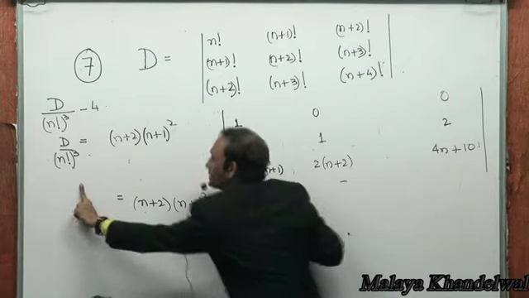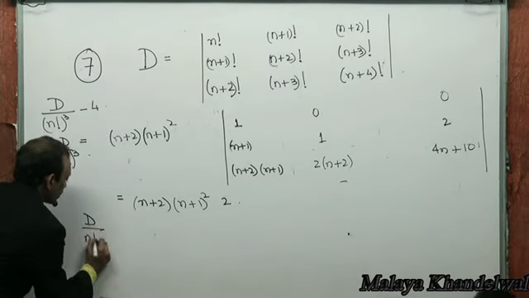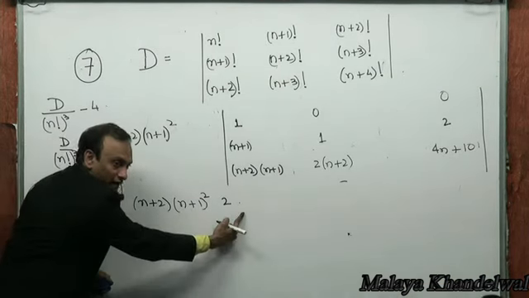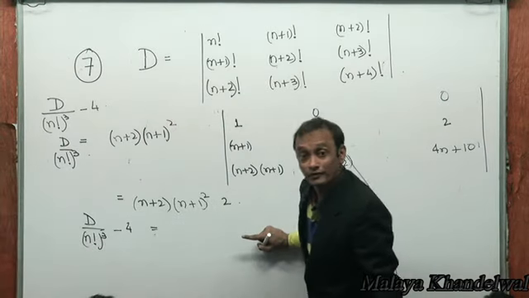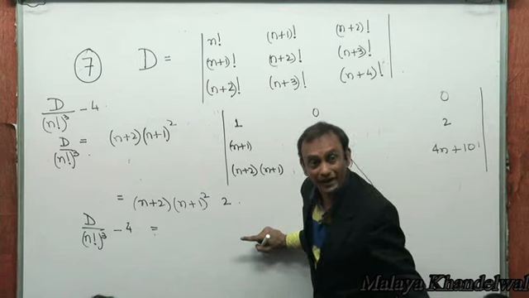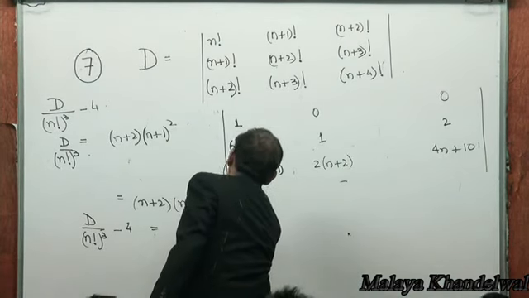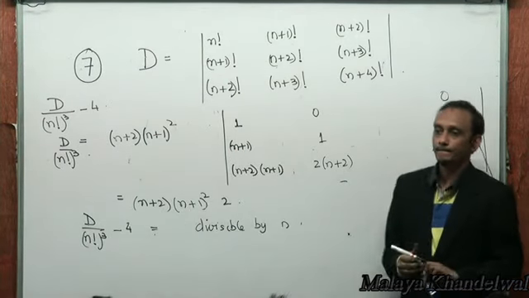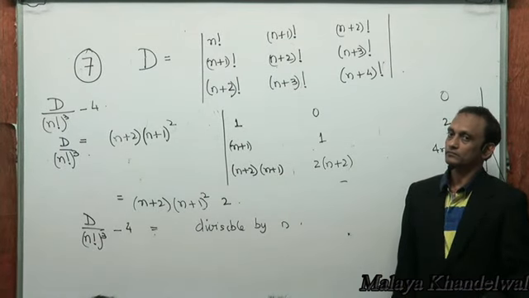Now, which I transpose on the left hand side, that means if I took D by n factorial cubed, and the only term that does not contain n is 4 here, if I put it on the left hand side, the rest of the terms will have powers of n. So the rest would be divisible by n, yes or no? Clear?